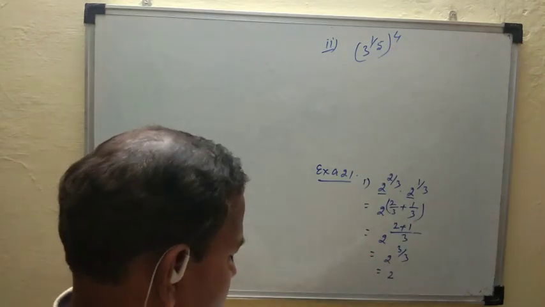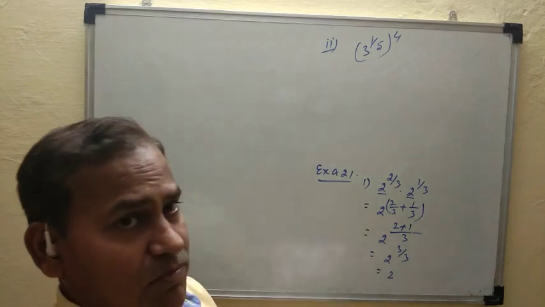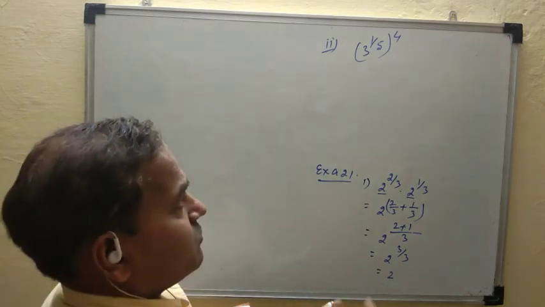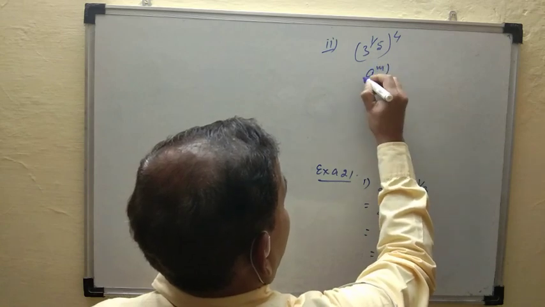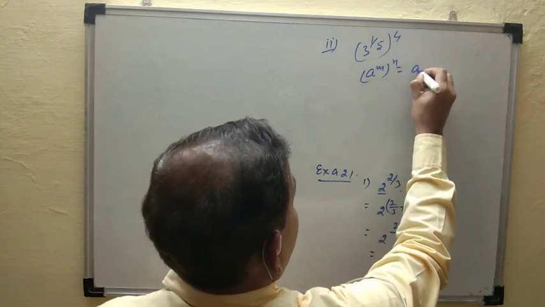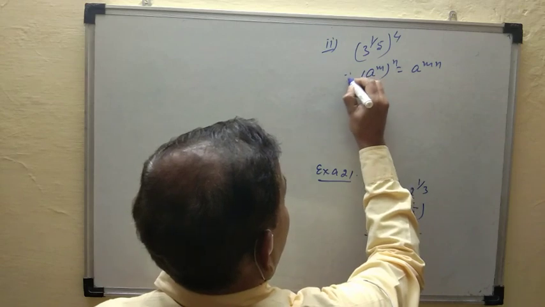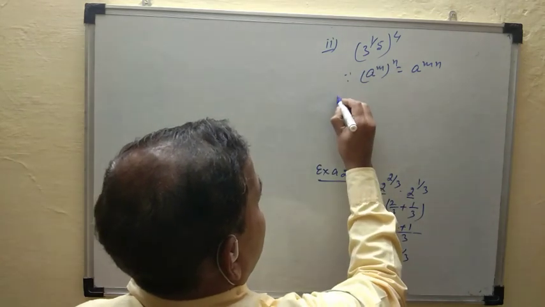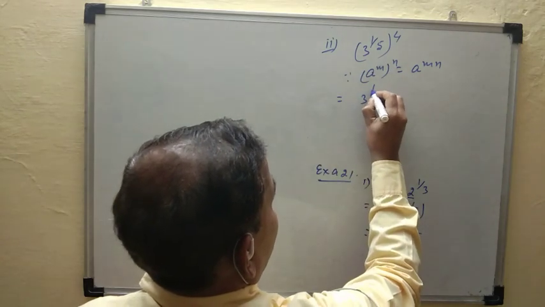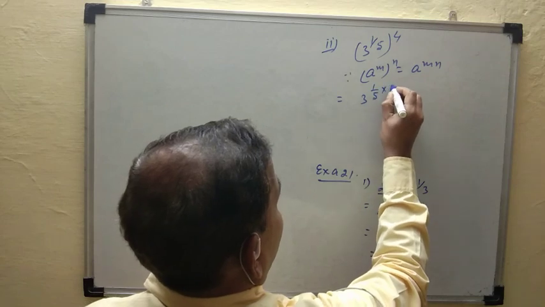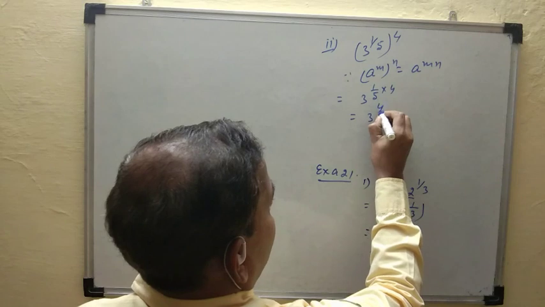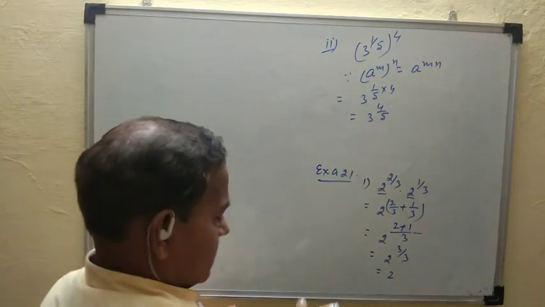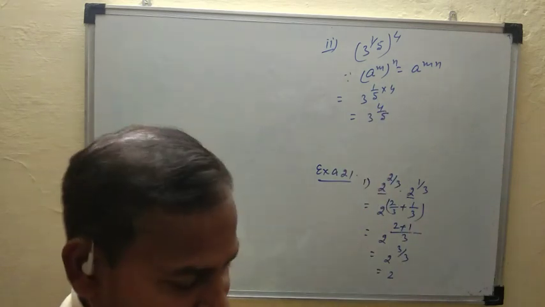Powers multiply, use this property: a to the power m, whole to the power n, is equal to a to the power mn. So this is equal to 3 to the power 1 by 5 into 4, both are multiplied, that is 3 to the power 4 by 5. So this is the required answer.